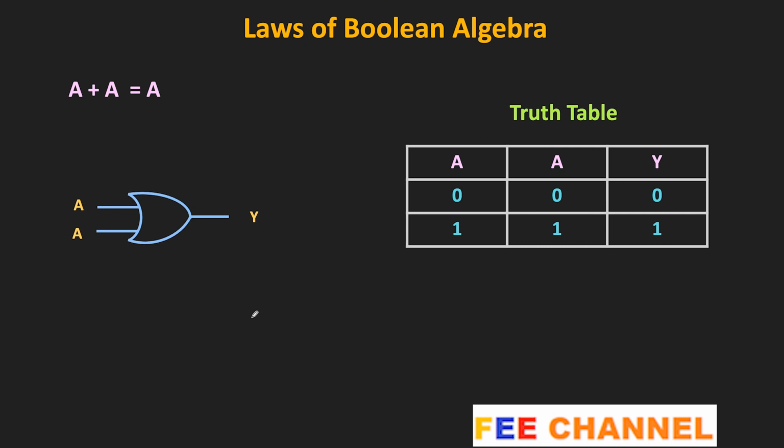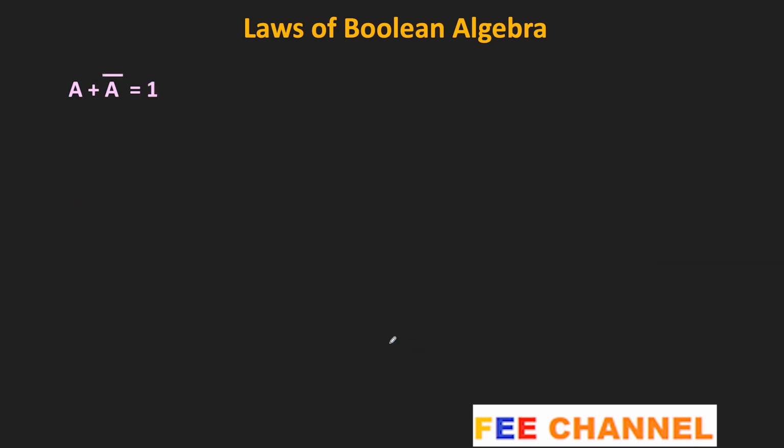And when the input A is equal to 1, then both inputs are 1, and in that case, the output Y is equal to 1. So, as you can see, the output Y is same as the input A. And therefore, Y equals A. That means A plus A equals A. And as I said, it is also valid even for more than two inputs. That means if we have A plus A plus A, then that is also equal to A.